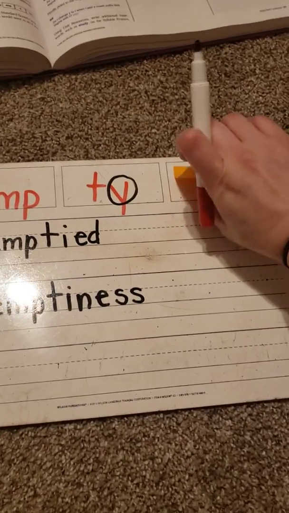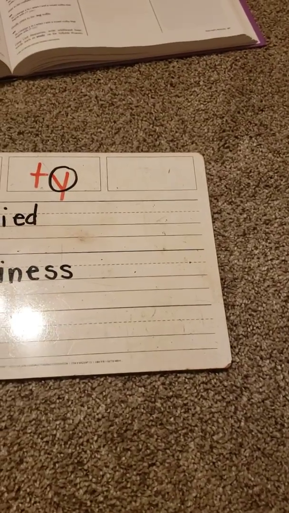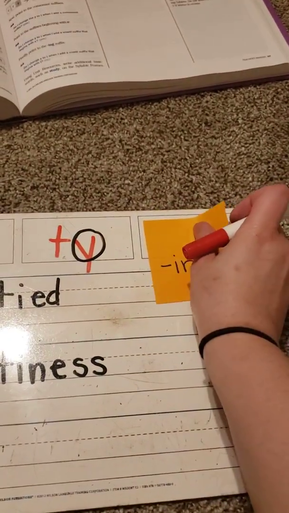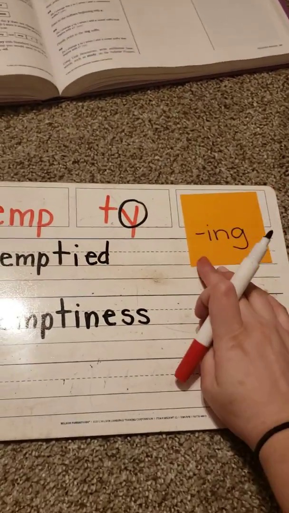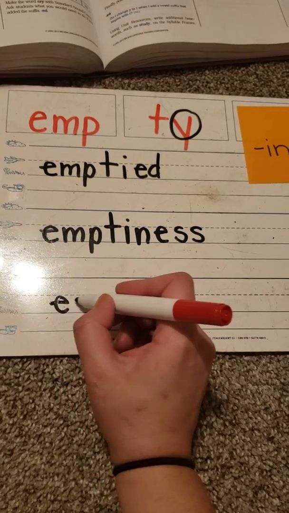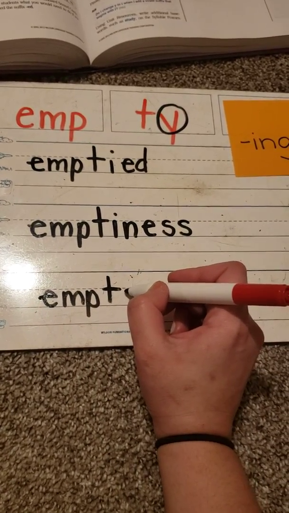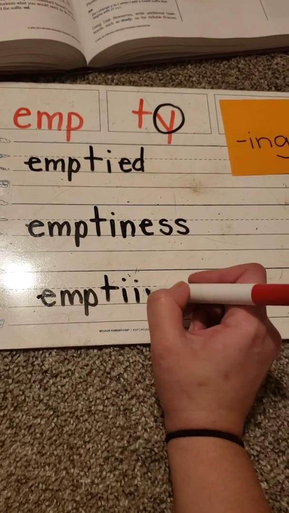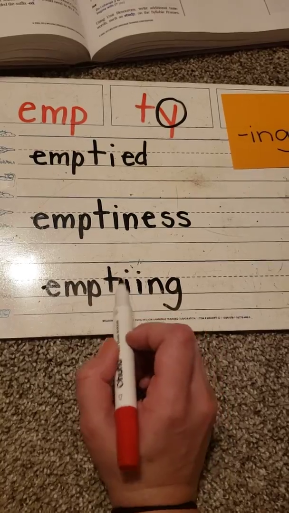Let's try it with another vowel suffix. This one's going to be a little different. We have empty and then ING. This one starts with an I. So if we do the change the Y to an I rule, we get a double I situation, which is a little weird.